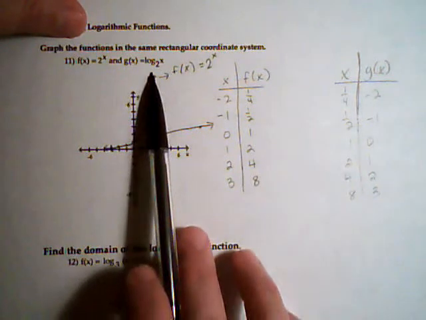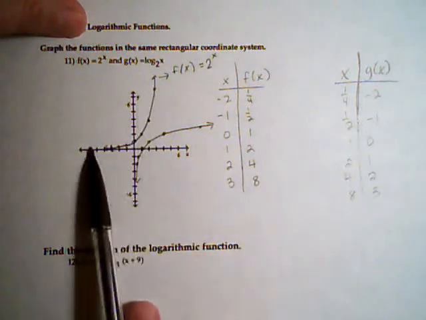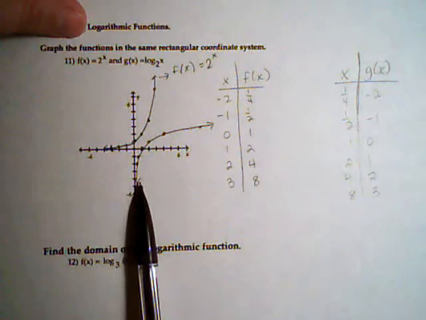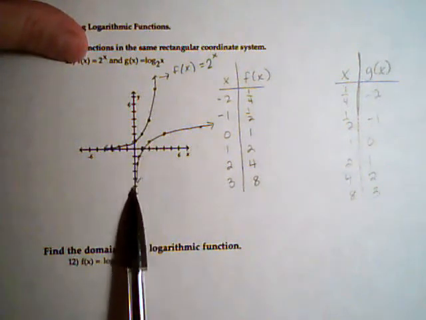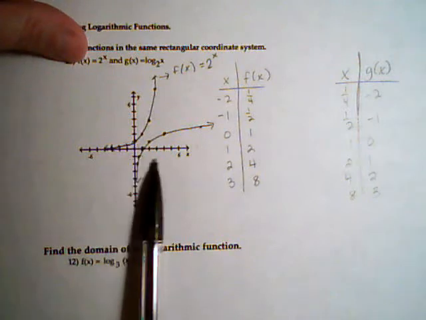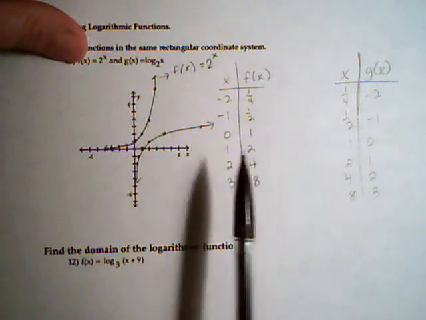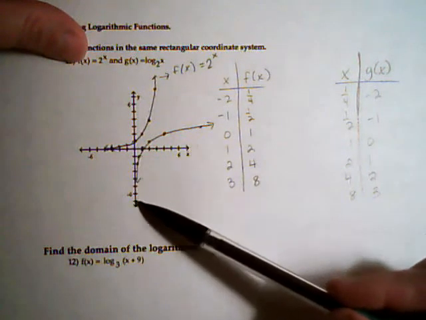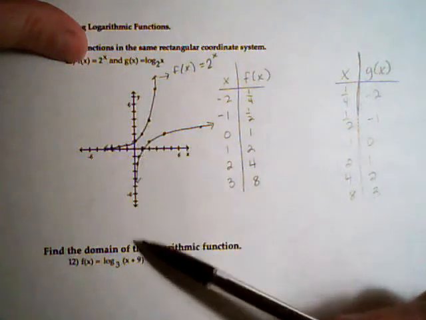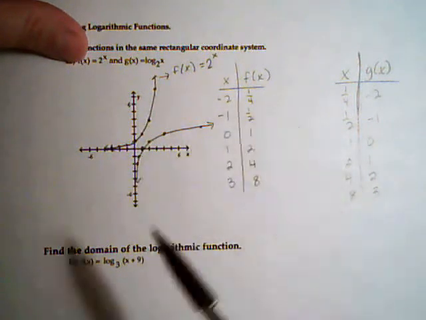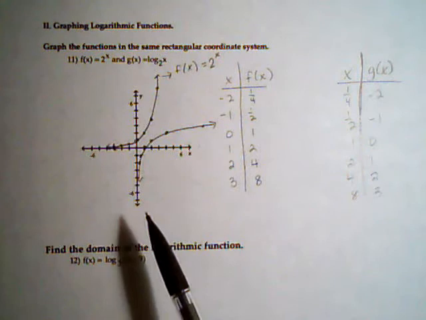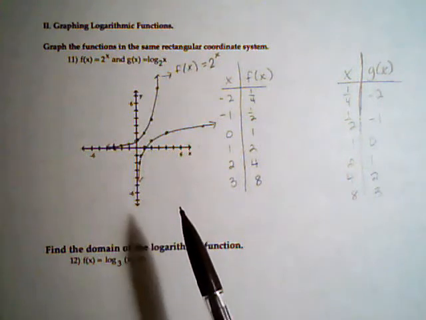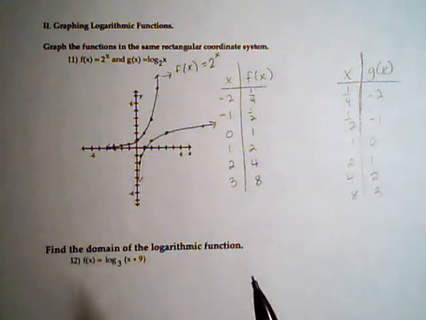We know the domain of the exponential is all real numbers, but the domain for the logarithmic is never going to cross over this x equals 0. So it would be from 0 to positive infinity. The range, because this will continue to go down, continue to rise, will be all real numbers. So just the opposite, or just the reverse of what we had for exponential.